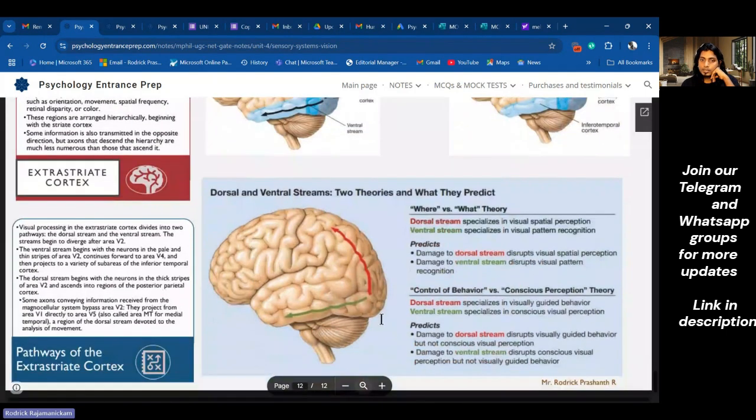The dorsal is above. If you know the directions within the nervous system, dorsal is top, ventral is bottom. So the dorsal stream goes to your parietal lobe, which is involved in identifying where an object is. So visual spatial pattern perception, and the ventral goes to your temporal lobes to identify what it is. So that is called the what pathway, right? So this is the ventral stream.